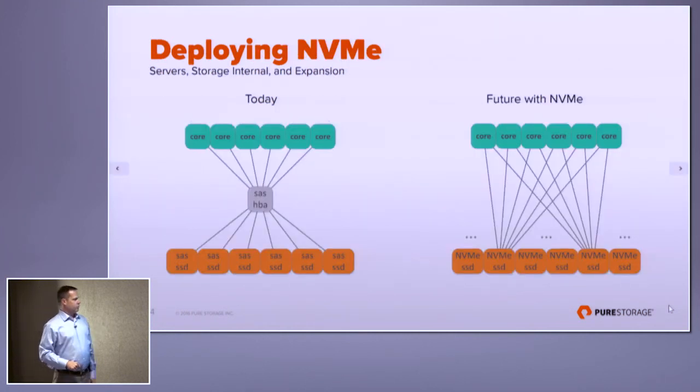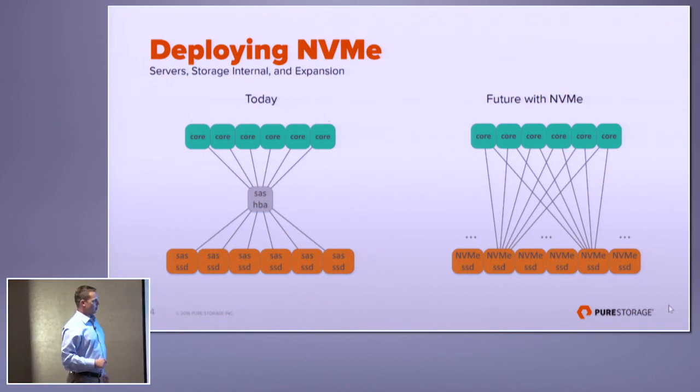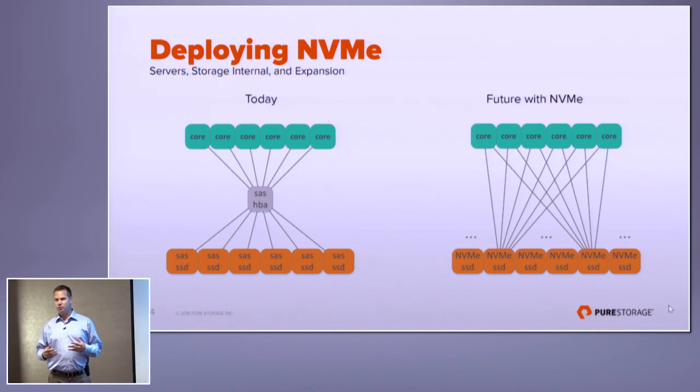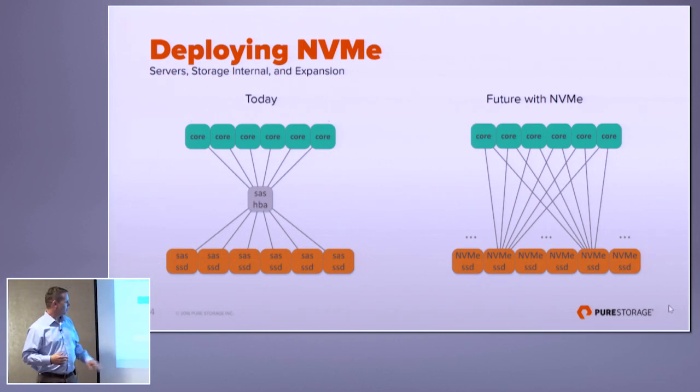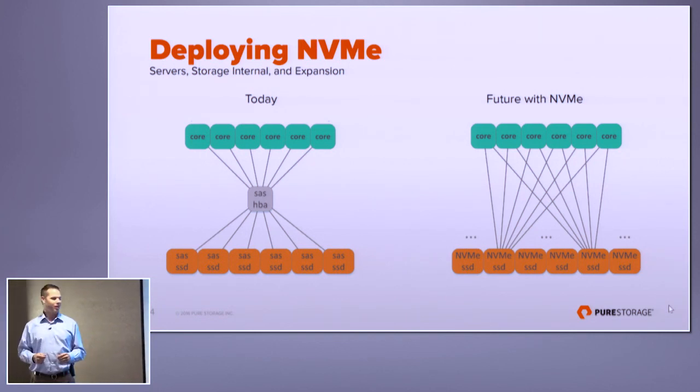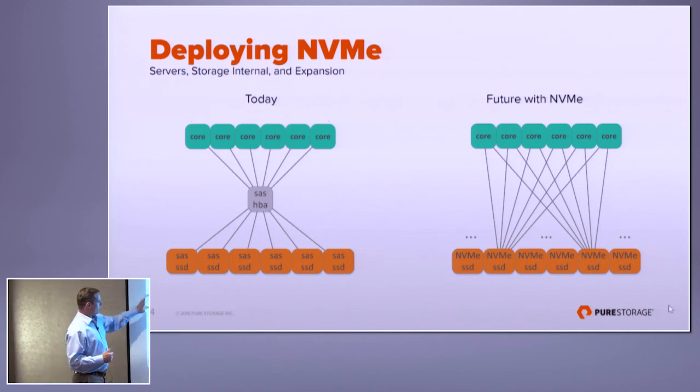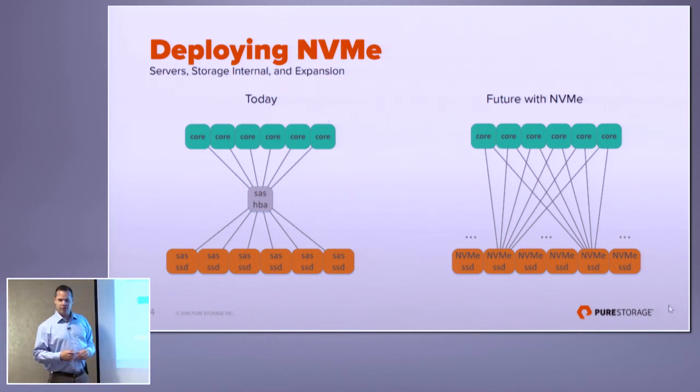Okay, so these are some really simple pictures. But I wanted to compare and contrast yesterday and today. Today traditionally SCSI is still kind of the mainstream technology that folks are using. So if this is just a server with a lot of CPU cores, or a storage system with a lot of SAS SSDs in it, the way these are typically connected is through a SAS HBA.